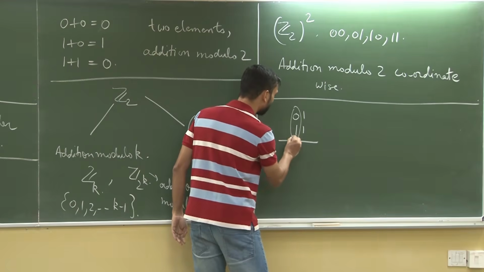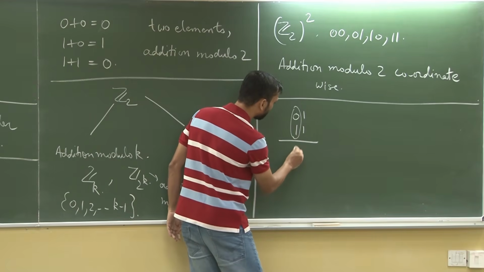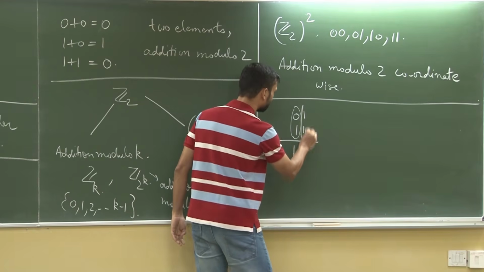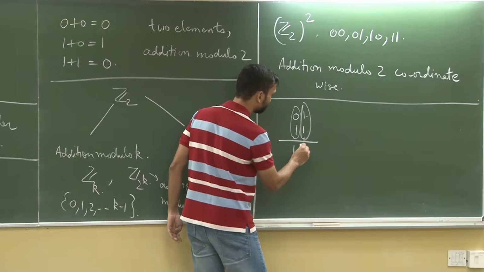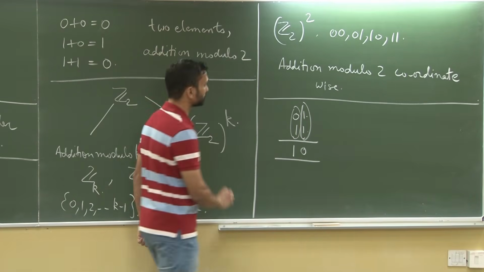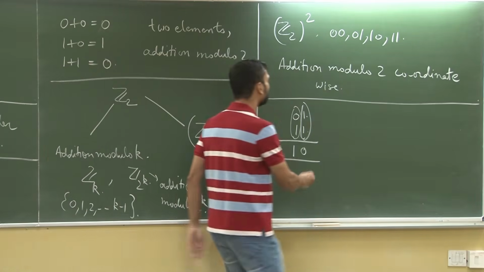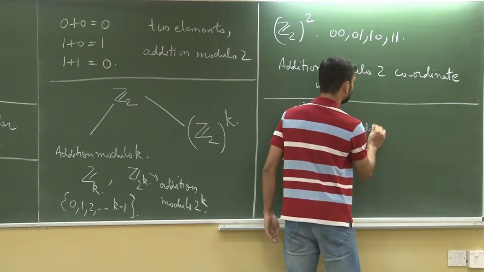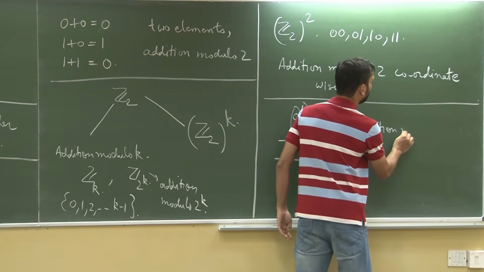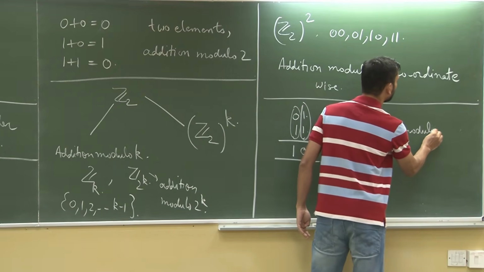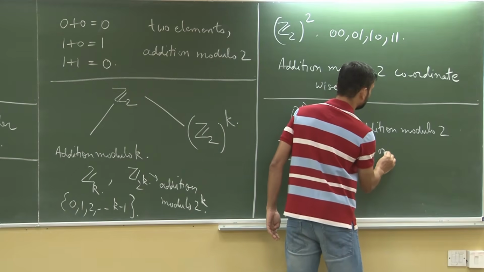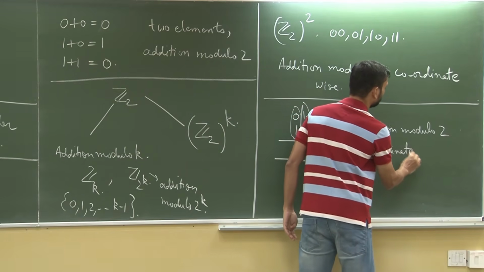I will take this coordinate, apply addition modulo 2, which is 1. Then I'm going to take this coordinate, apply addition modulo 2. This is 1, 0. Okay, so this way I can do addition modulo 2 coordinate-wise.